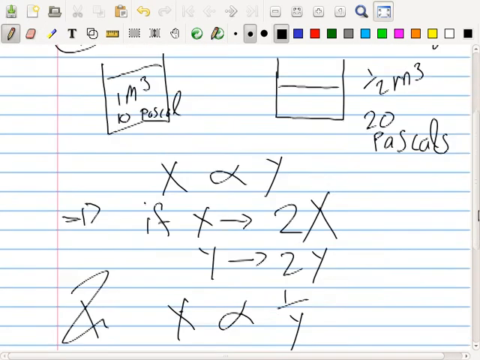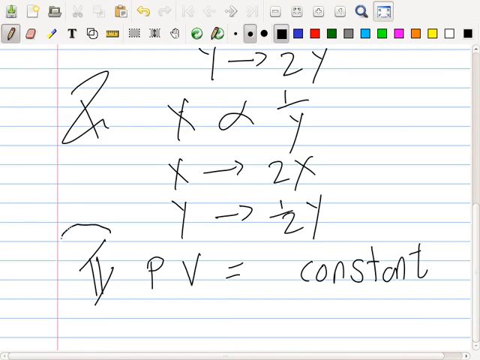Constant just means it's some number you don't know that's not changing.